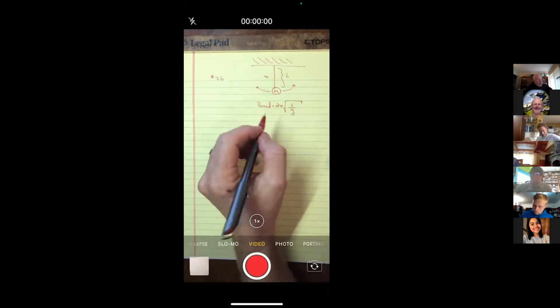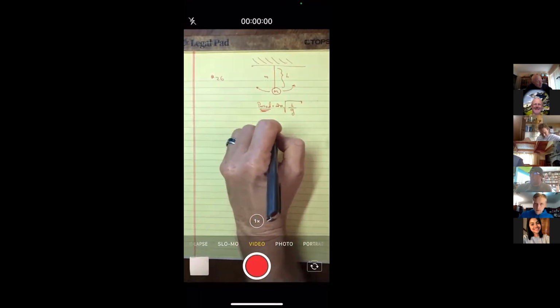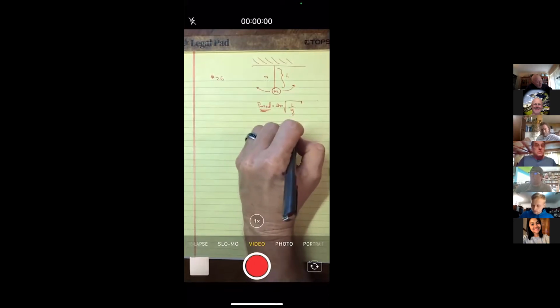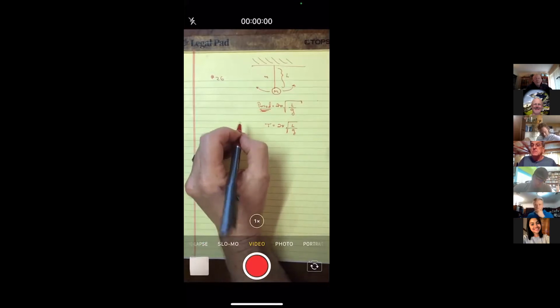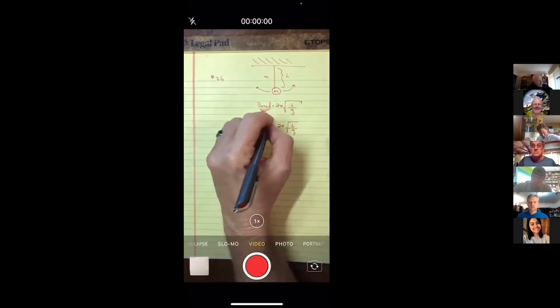Notice I spelled out the word period purposely, because the symbol we used last chapter was the capital T for period. However, in this chapter, we've also been using the capital T for tension in the string, and I didn't want you to confuse that. This is period.